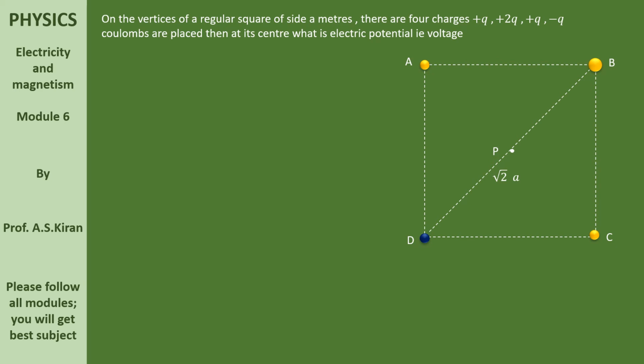Now from A to the center. The center is here denoted as P, the point P. What is the distance? Simple. The diagonal is root 2A. This AP is half the diagonal. Root 2A by 2, that is A by root 2.